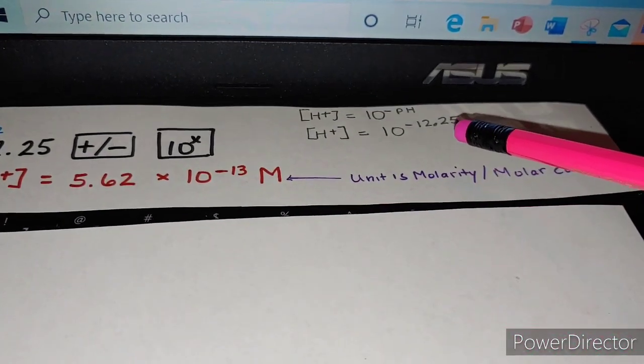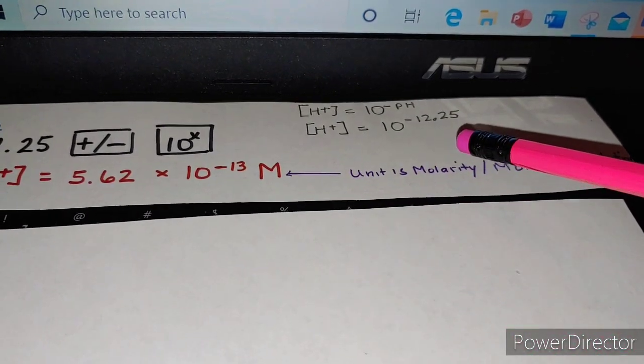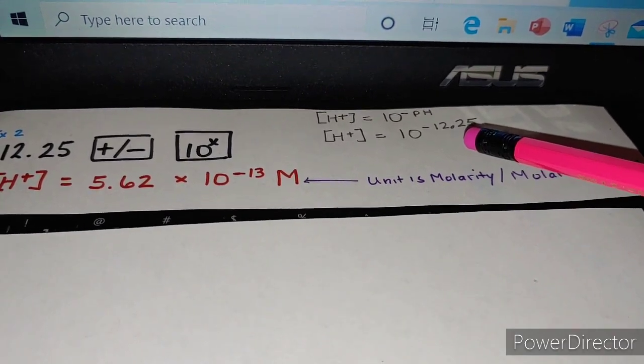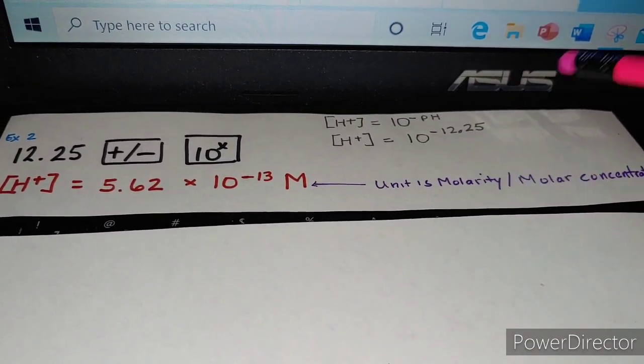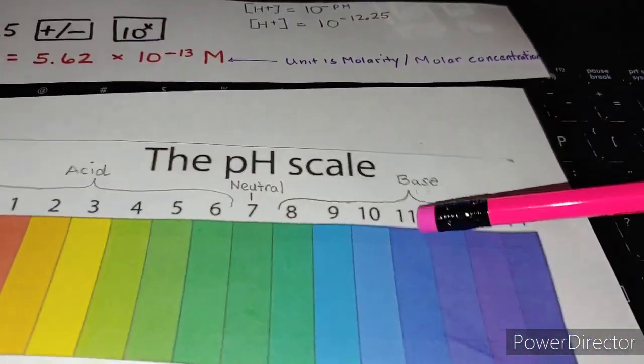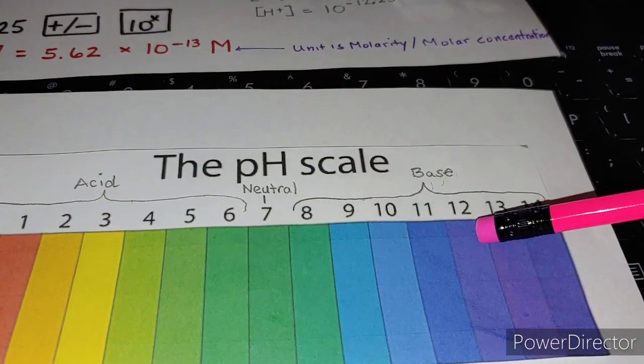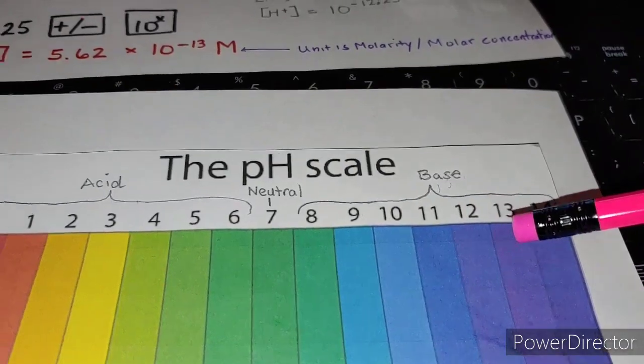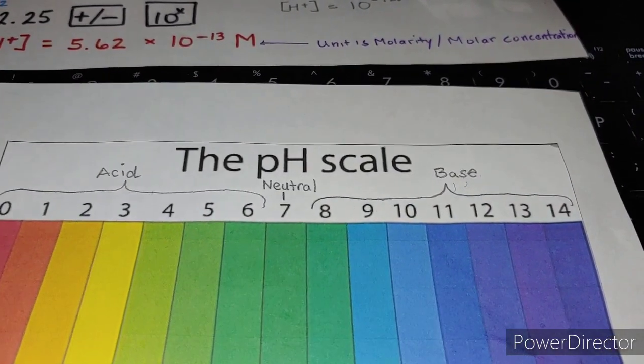We're going to look at what they gave us in the question. So in the question, they told us that the pH was 12.25. The same thing you did earlier, you look at where 12.25 is, that's above 7. So we know that that's a base.